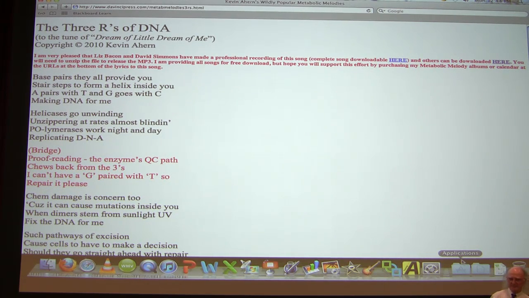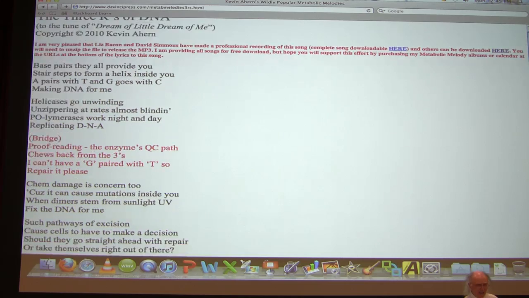Dream a little dream of me. Base pairs, they all provide you stair steps to form a helix inside you. A pairs with T and G goes with C, making DNA for me. Helicases go unwinding, unzippering at rates almost blinding. Polymerases work night and day, replicating DNA.